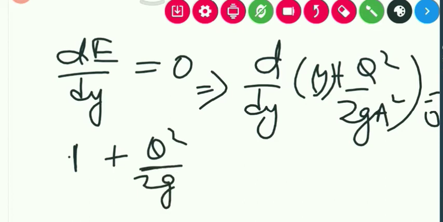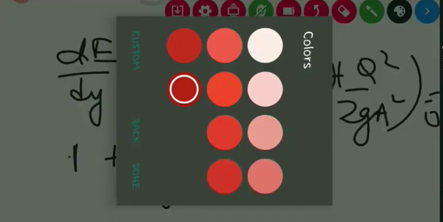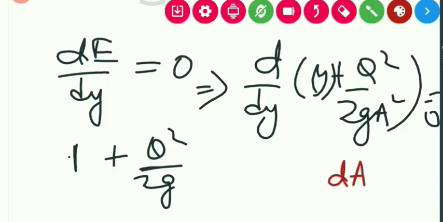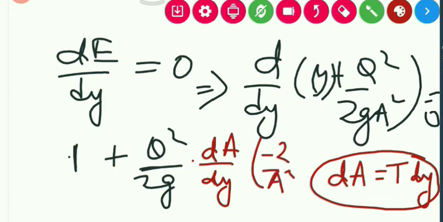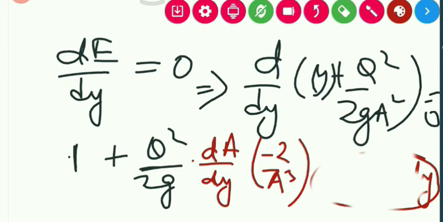What is area? dA is top width into depth. So this area is not constant, so we can differentiate this area, and that comes out to be dA by dy into minus 2 by A cube, equal to 0.